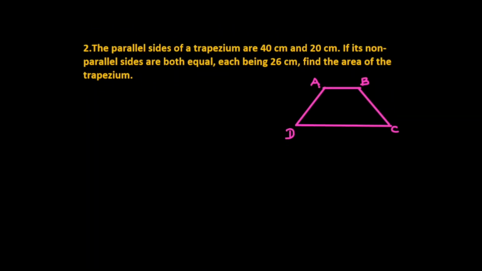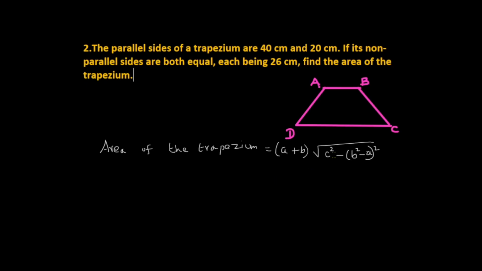Another way is there. Without finding the height, we can calculate the area of the trapezium. The formula for that is: area of the trapezium is equal to (a plus b) times the square root of c squared minus (b minus a) the whole squared, not b squared, (b minus a) the whole squared.